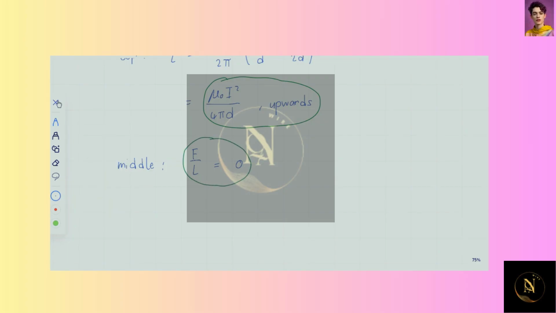Now finally, for the bottom wire, we have that the force per unit length again is mu naught times I squared over 2 pi into 1 over d minus 1 over 2d.